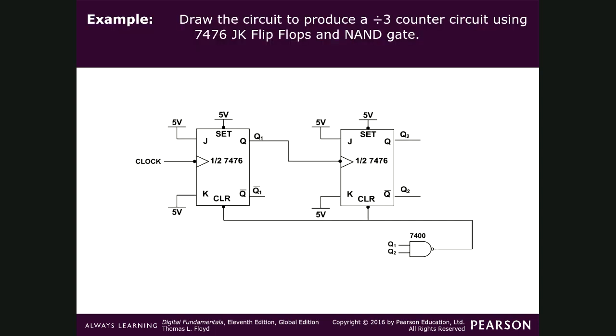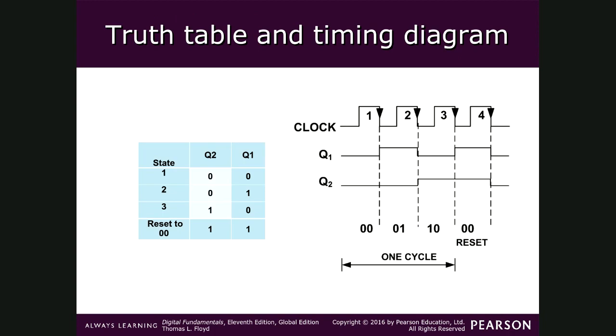Now this is divide by 3. Divide by 3 means they are putting a NAND gate. Why, I will show you. See here, the first one is 0 0, 0 1, 1 0. So this is a mod 3 counter. 1 1 is not allowed. Only 3 states are allowed: 0 0, 0 1, 1 0.